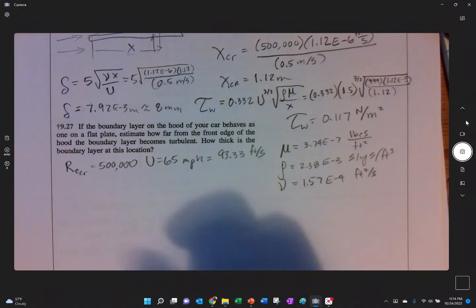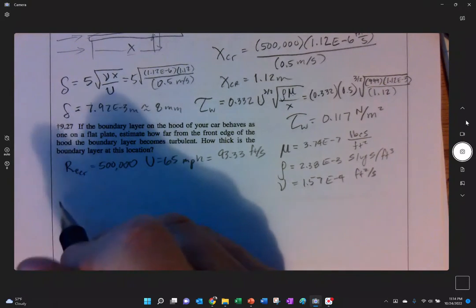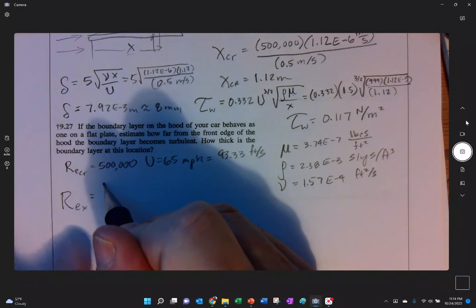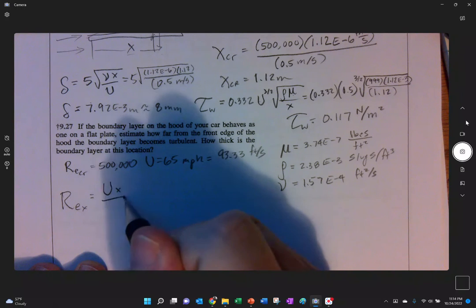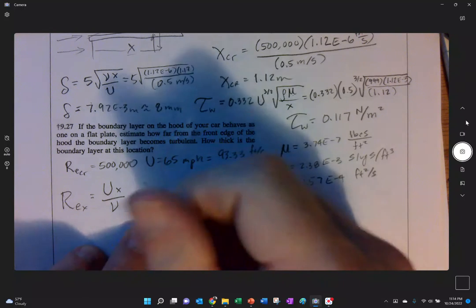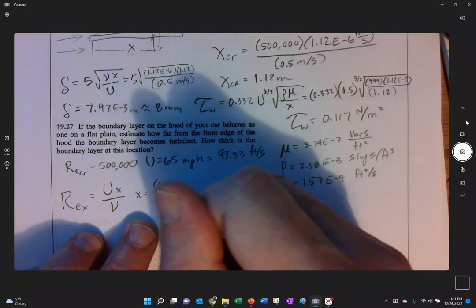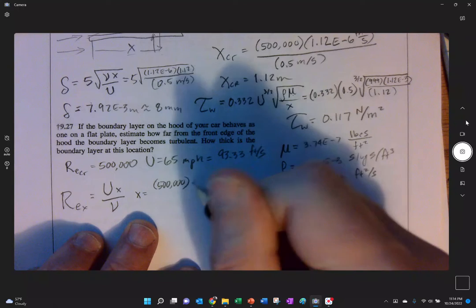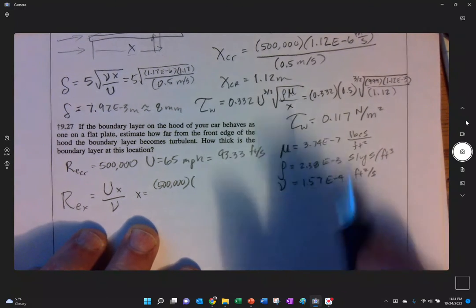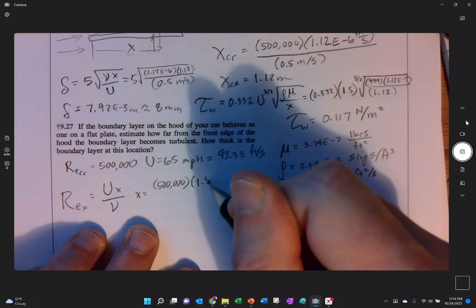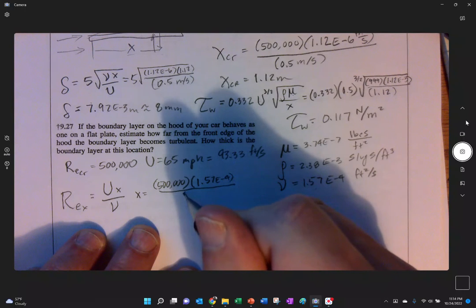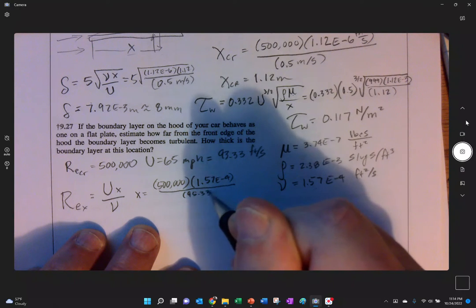Right. So start out right here. Remember, we're going to write down this equation: the Reynolds number as a function of position is u times x divided by nu. So we could figure out what the x is going to be equal to by taking the 500,000 and multiplying by the kinematic viscosity, 1.57e-4, and dividing by the speed, 95.33.